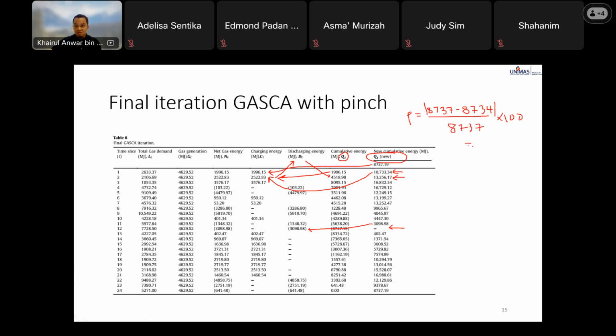Zero divided by a very large number is zero. So it is less than 0.05%.